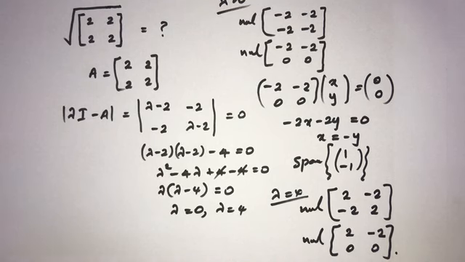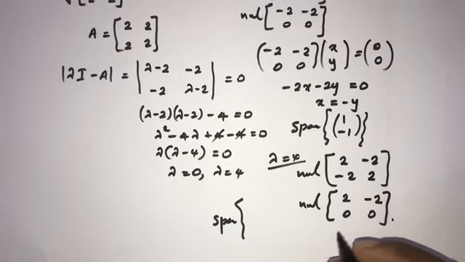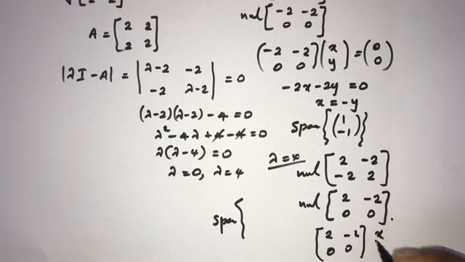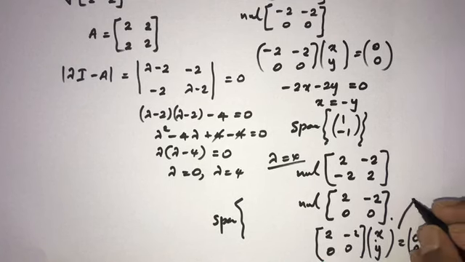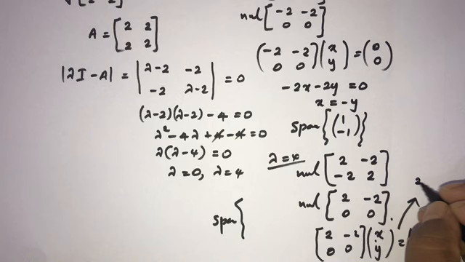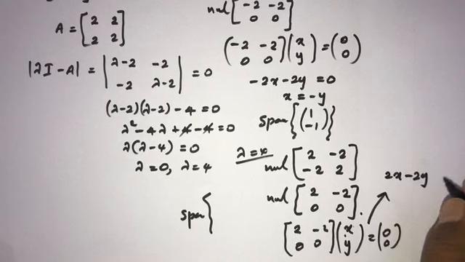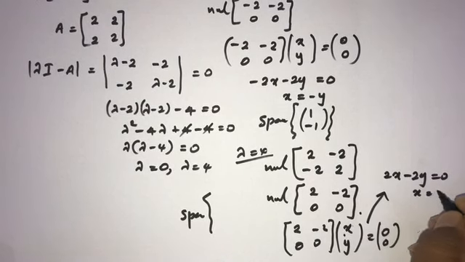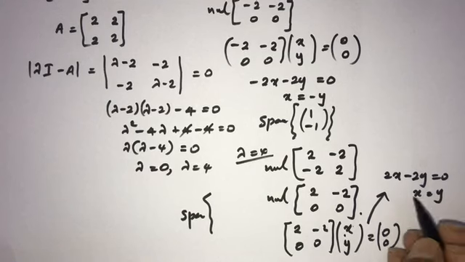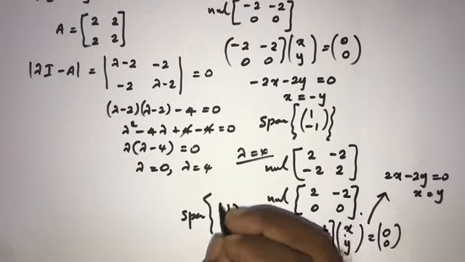So if we take [2 minus 2; 0 0] times the vector xy equal to 0 0, now 2 times x minus 2 times y is equal to 0, so x is equal to y.